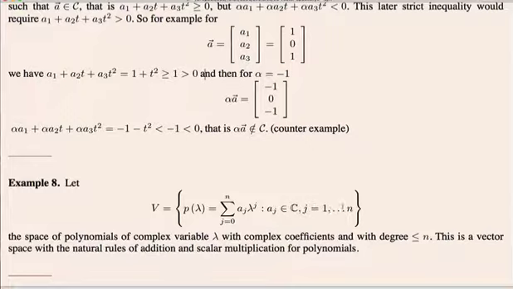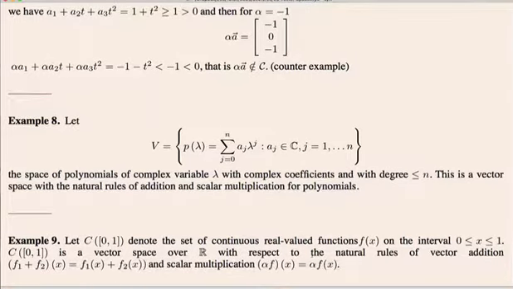So we can also say that this is a space of polynomials of complex variable lambda with complex coefficient and with degree less than or equal to n. And this is a vector space when you look at the natural addition and scalar multiplication of polynomials, which means term by term addition.